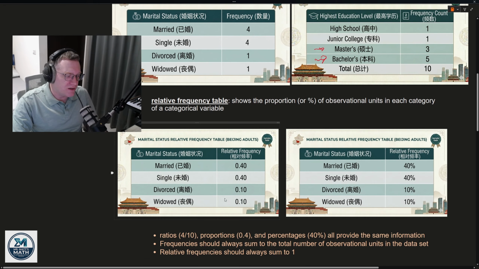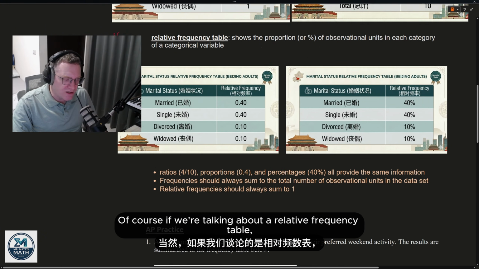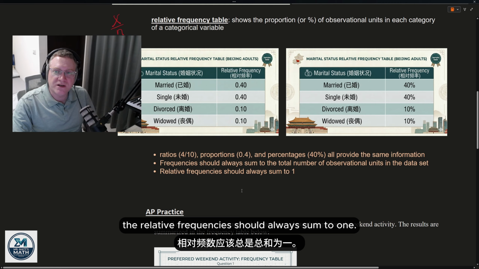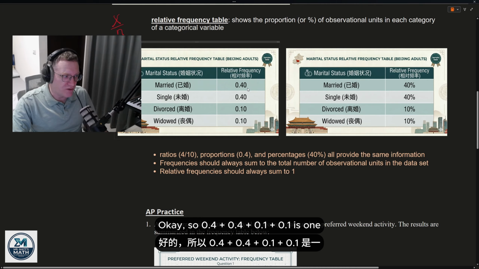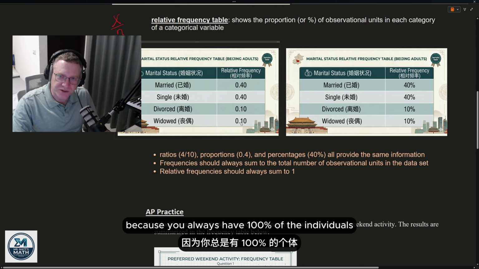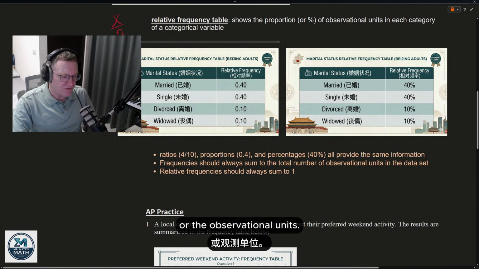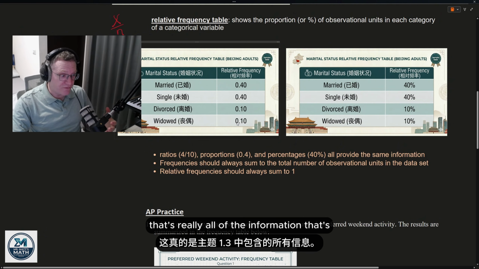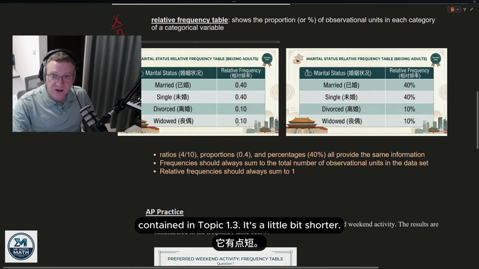Of course, in a relative frequency table, the relative frequencies should always sum to 1. 0.4 plus 0.4 plus 0.1 plus 0.1 is 1, because you always have 100% of the observational units.